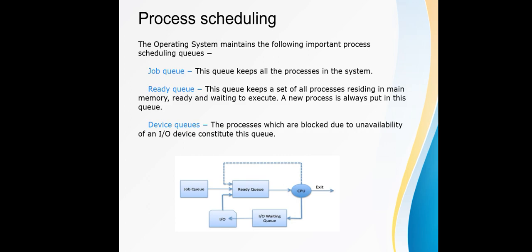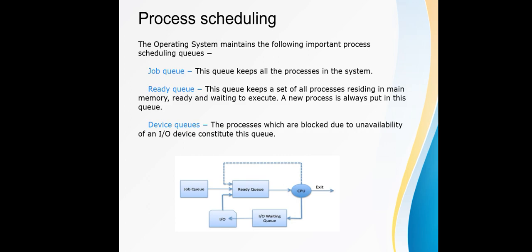In the process life cycle, I told you about some queues like the job queue, ready queue, and device queue. For execution of such queues, the figure shows how jobs move from one queue to the other. First, a job enters the job queue, then it enters the ready queue. Whenever the job enters the ready queue, it is converted into a process.